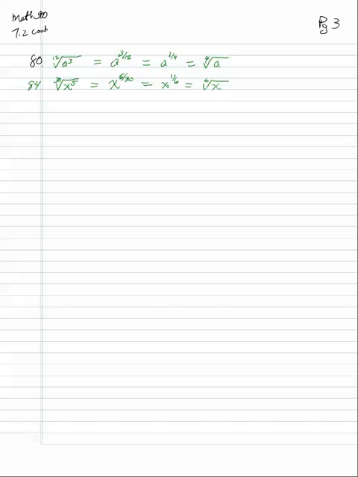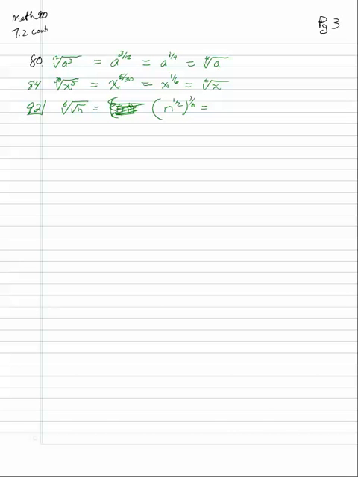Let's try number 92. We got the 6th root of the square root of n. And again, if we write it as exponential notation, inside we got n to the 1/2, and then we're going to raise that to the 1/6 power.